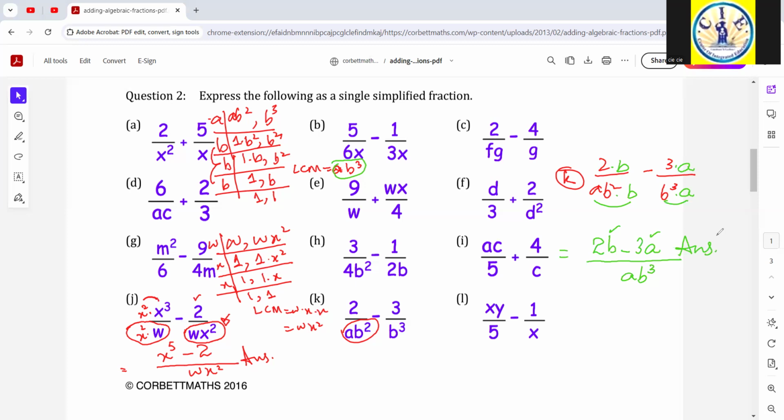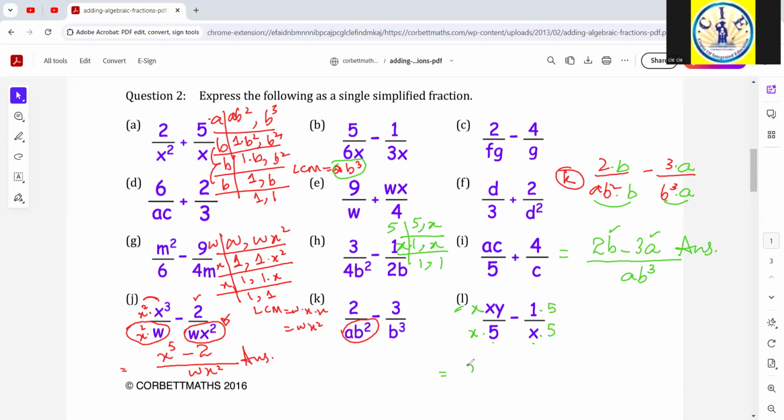Let me do another part, part L as well. We again see that their denominators are different. Taking the LCM of 5 and x, 5 ones are 5 and x would be the same, so 5x is the LCM. I just need to multiply the first fraction by x and the second one by 5.